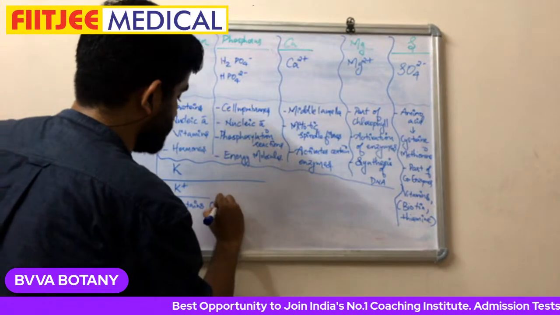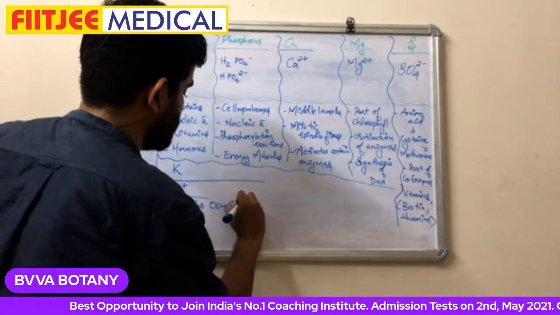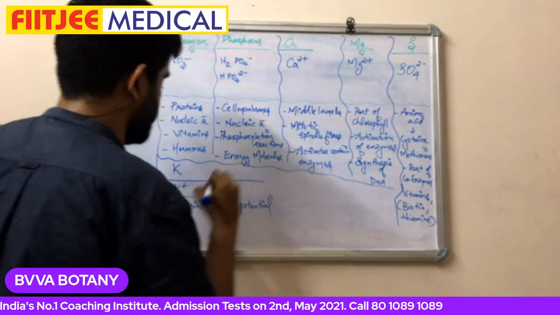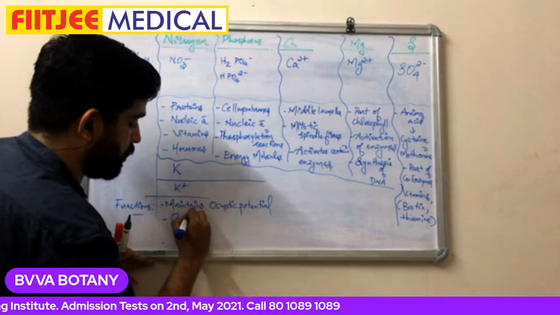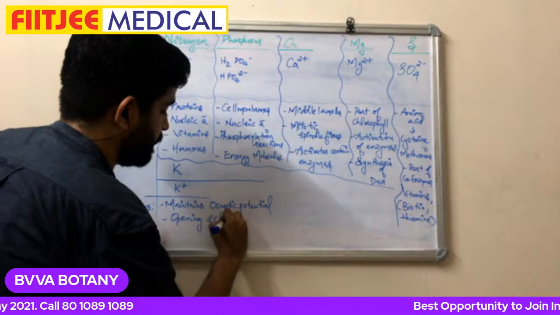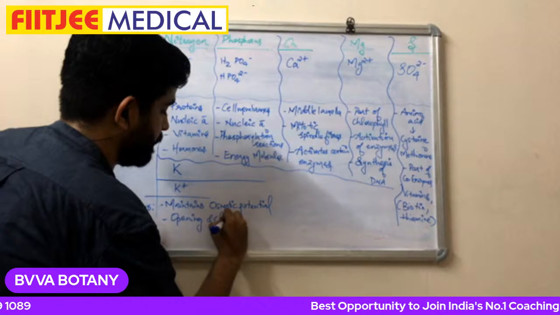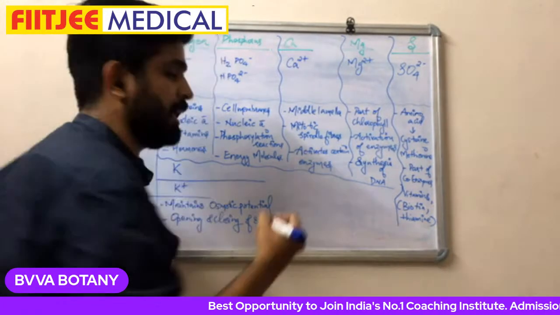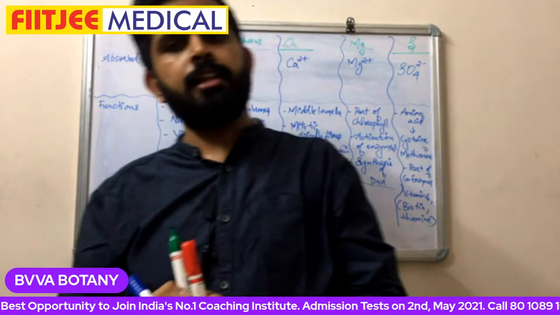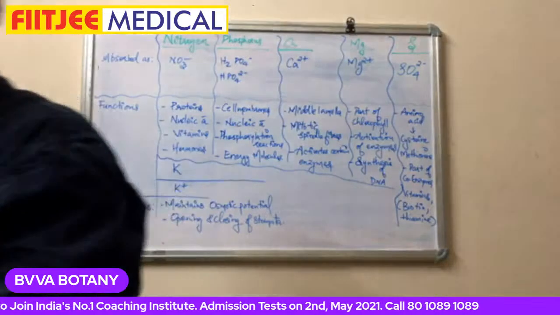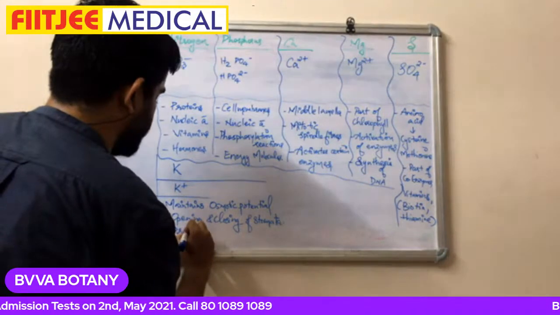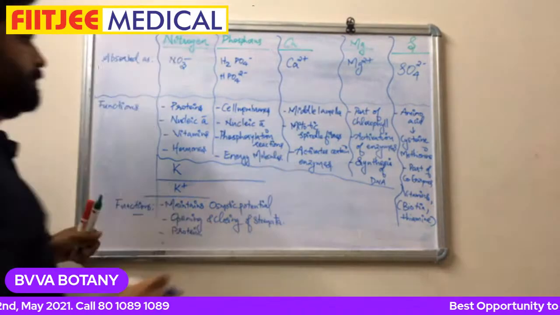It maintains the turgor pressure in the opening and closing of stomata. And we said how, based on the turgor pressure, the opening and closing of stomata will take place. Also involved in protein synthesis as well.